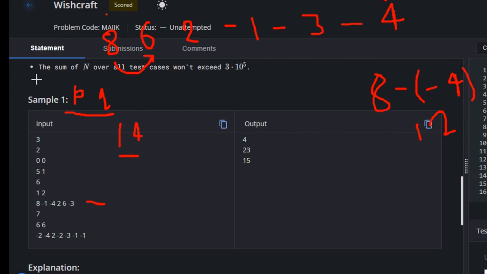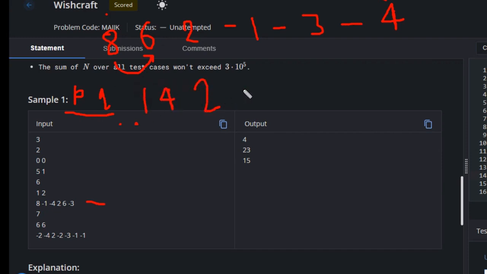Let's keep 14 and delete those. So it will be 14, 2, minus 1, minus 3, minus 4. Now we can do 14 and 2, which will result in 16.